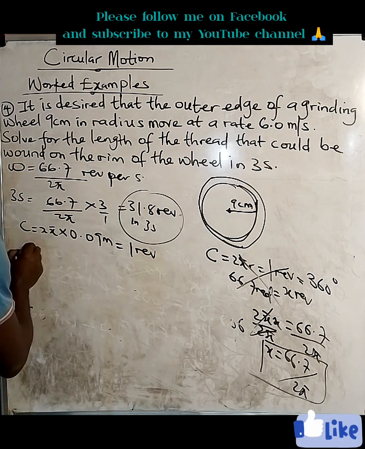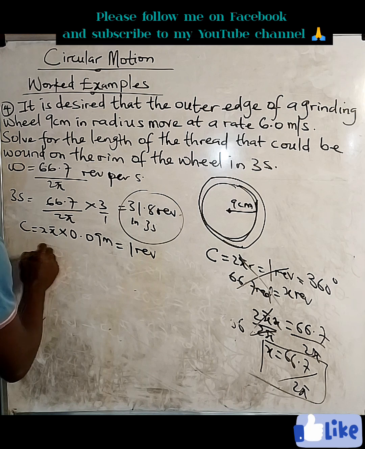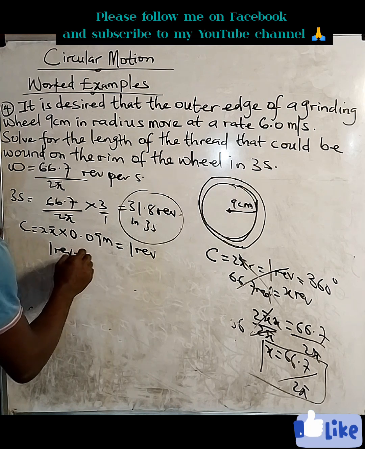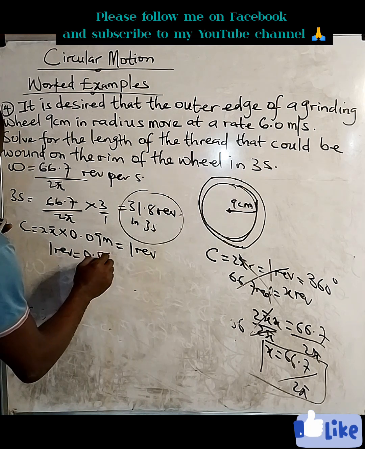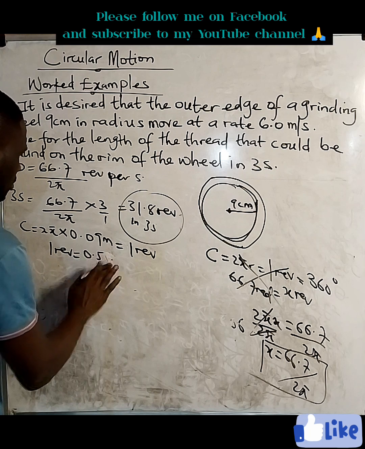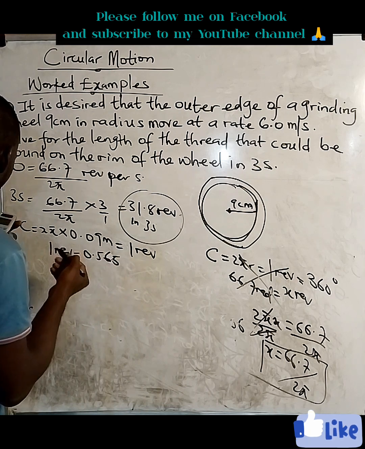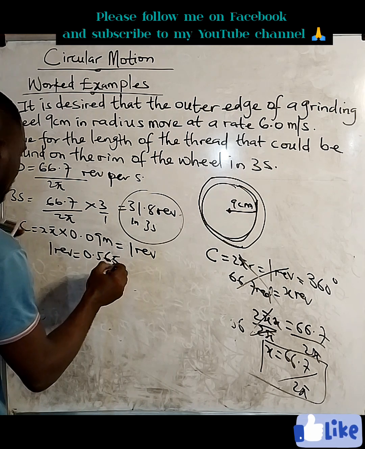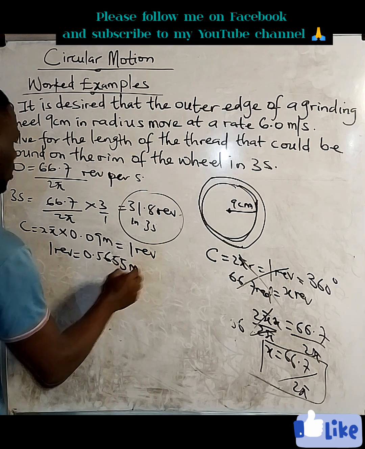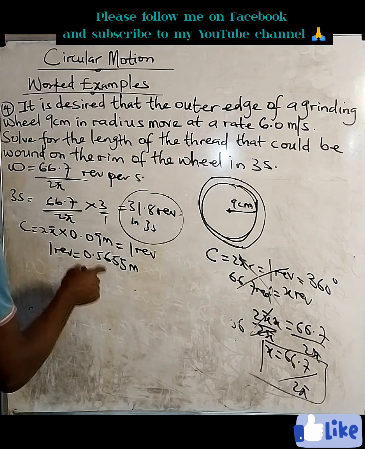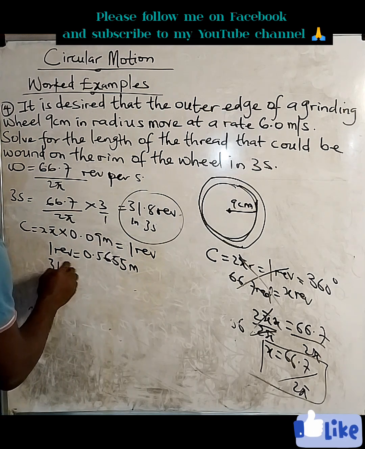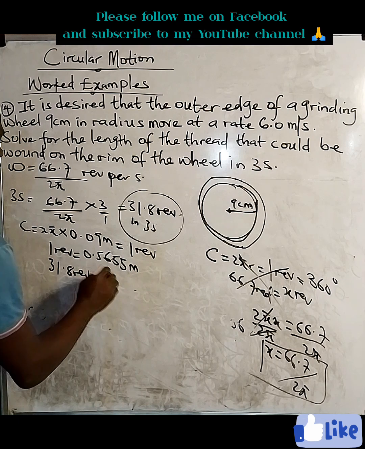So one circumference, one revolution, is 0.5655 meters, to four decimal places. So if one revolution is 0.5655 meters, then 31.8 revolutions will give us how many meters?